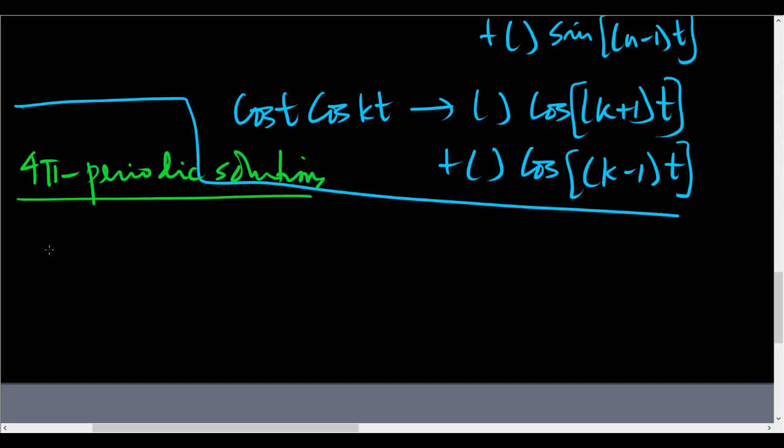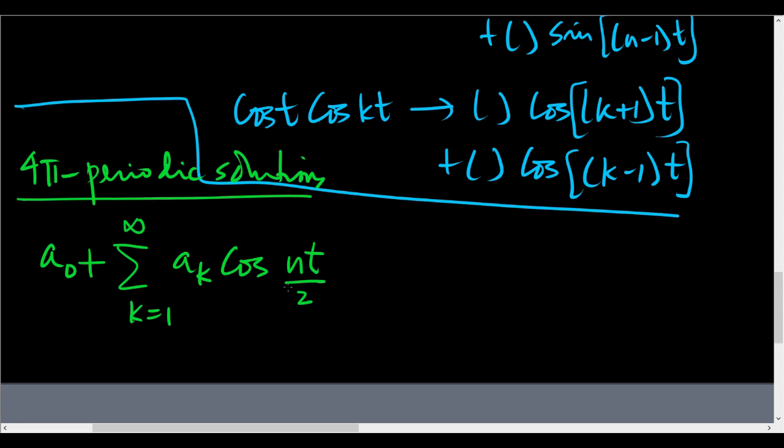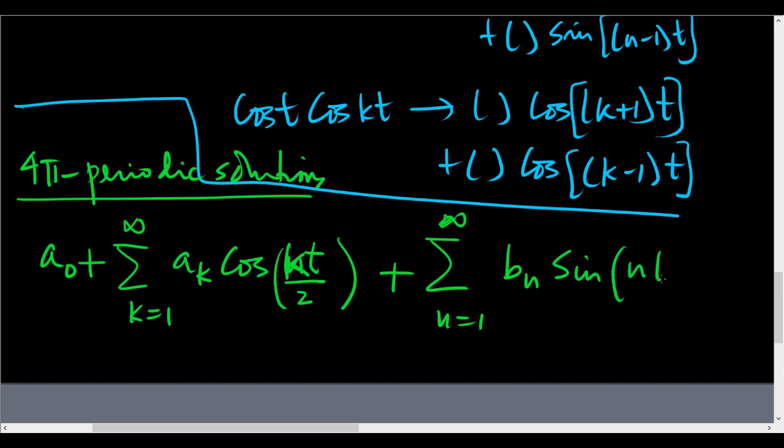We should say A0 plus the sum from k equals 1 to infinity of ak cosine of kt by 2 plus the sum from n equals 1 to infinity of bn sine nt by 2.